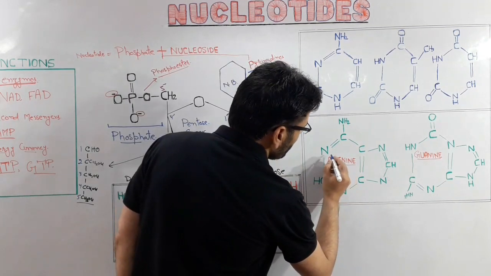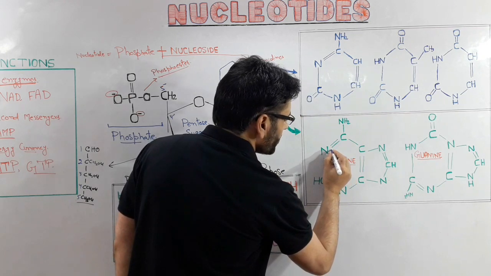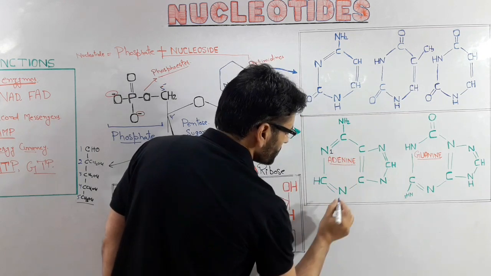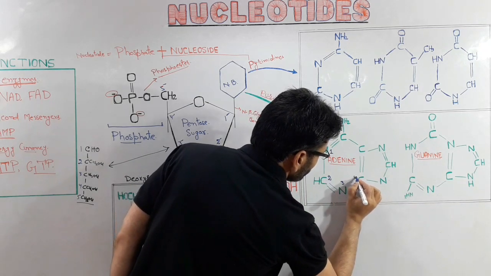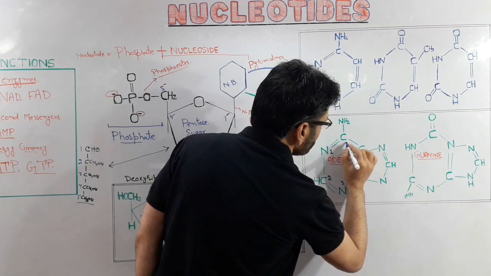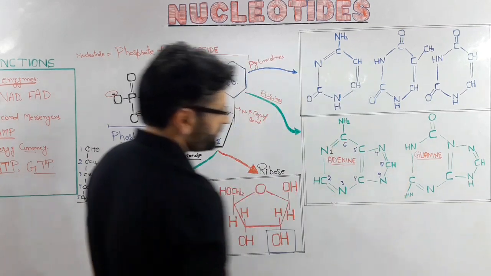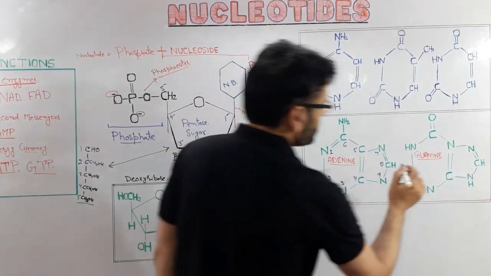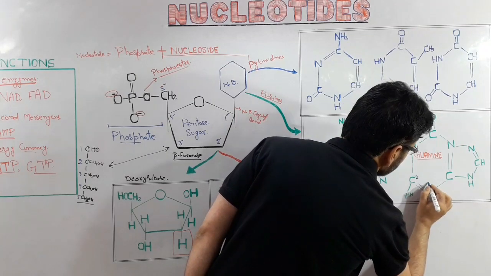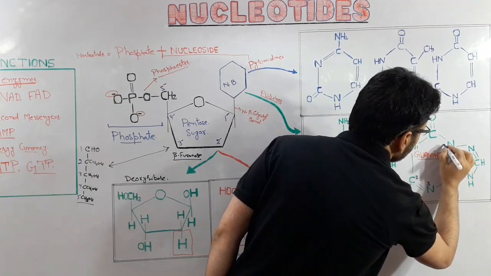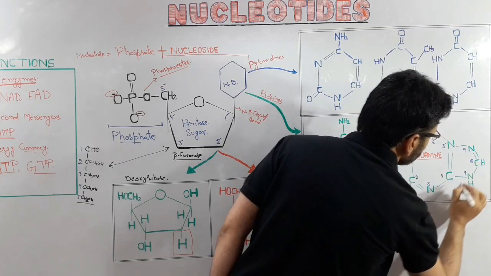So far as the numbering of the elements present in these rings is concerned, this is number 1, then second, 3, 4, 5, 6, 7, 8 and 9, and the same will be here: first, second, third, 4, 5, 6, 7, 8 and 9.